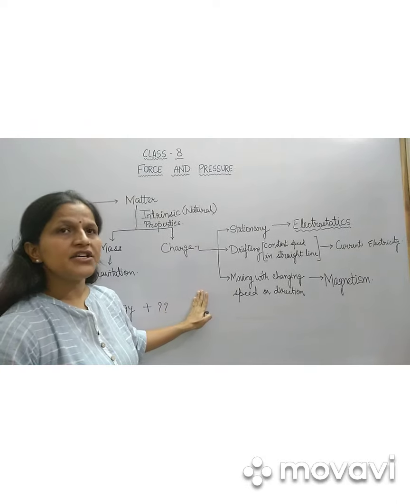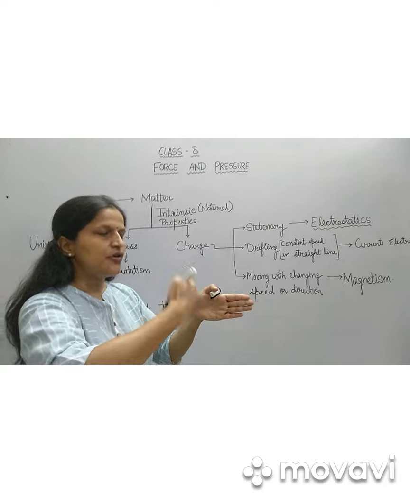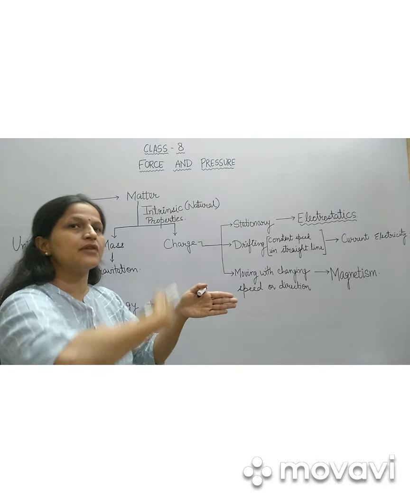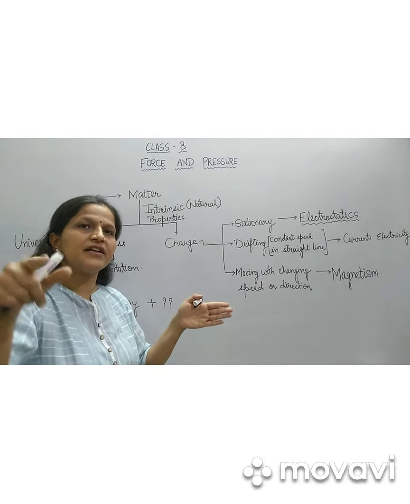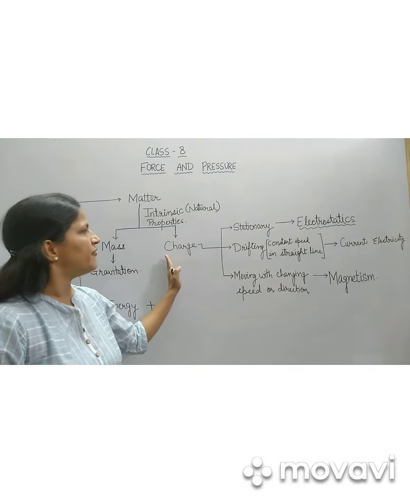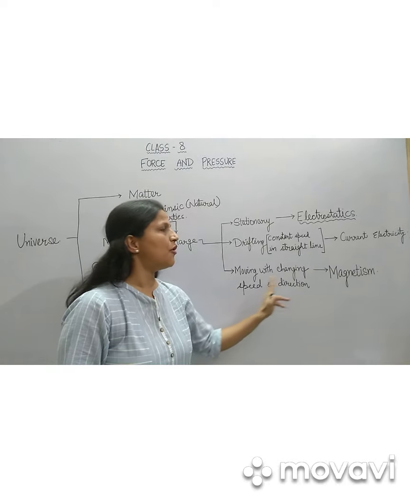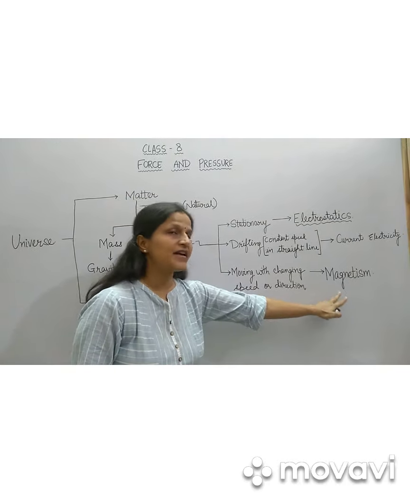Then another condition can be that the charges may be moving with a non-uniform speed, or the charges may be moving in some circular direction, or in a spiral manner, or by changing their direction in some way or other. So whenever there is motion of charge with change in speed or direction of motion, then it constitutes magnetism.